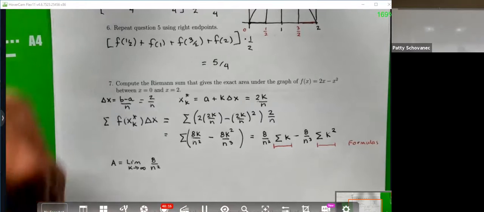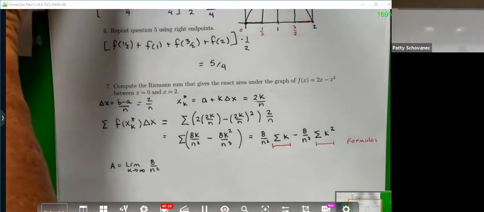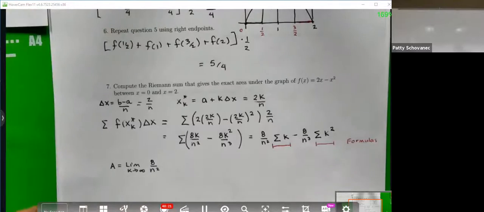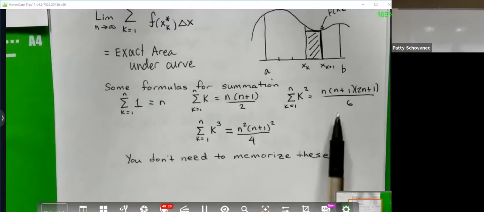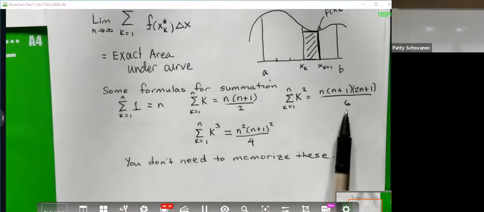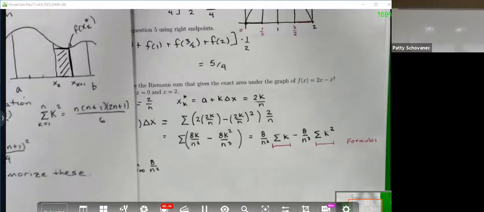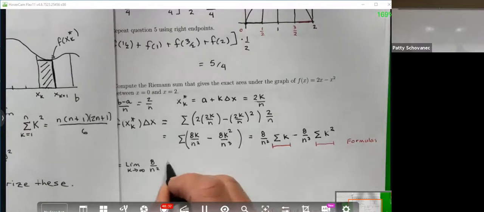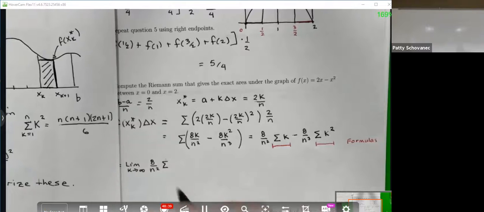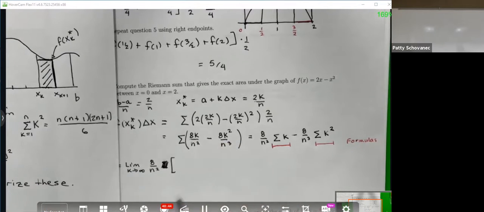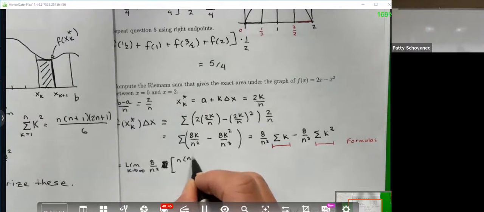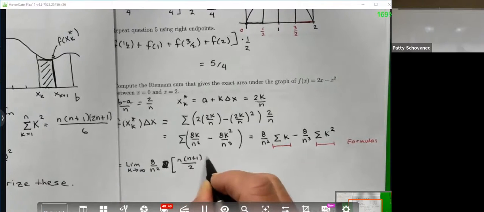So the summation, let me pull out the formulas for you. We're going to use this one for the summation on the k. And then we have a summation on the k squared, which is the long one. That one is going to be n times n plus 1 all over 2.